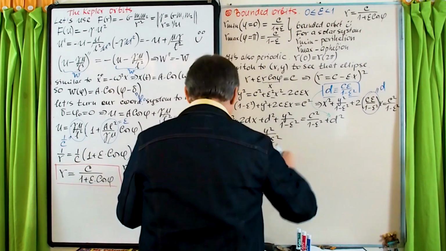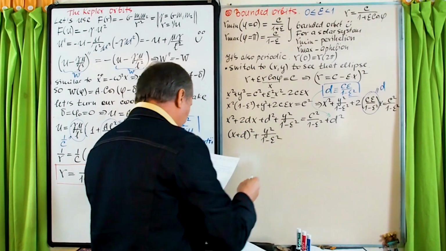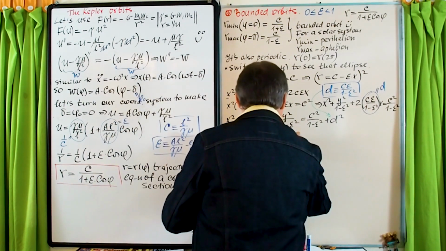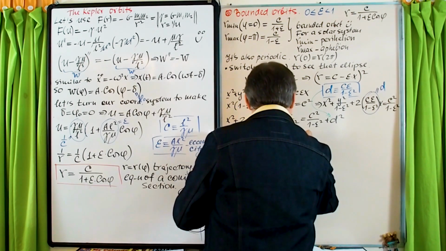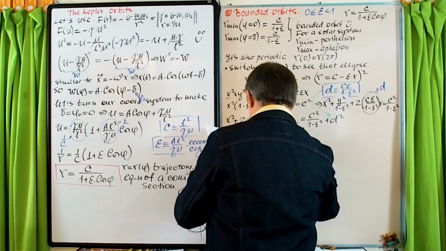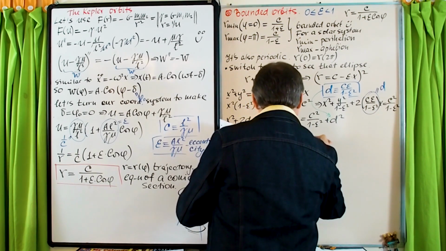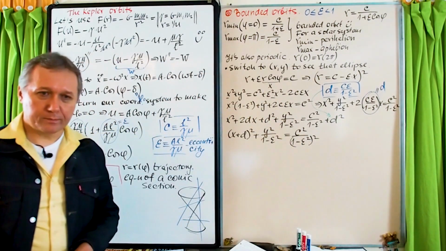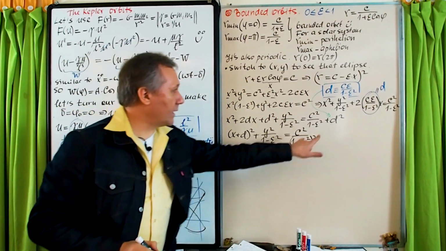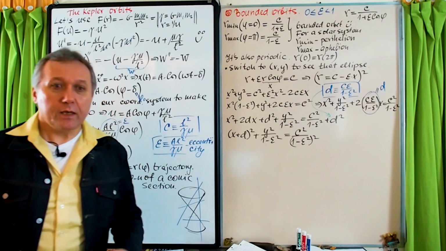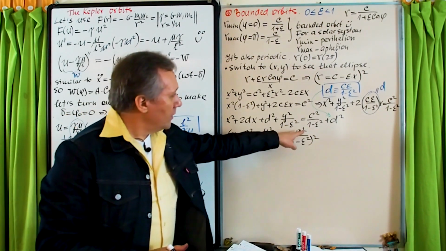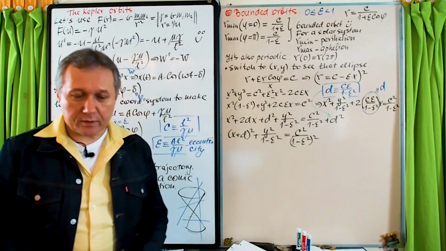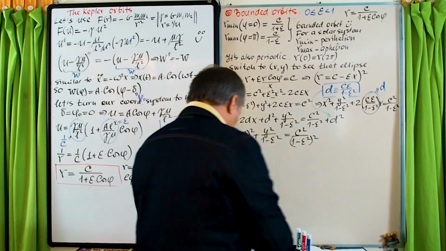So when you add these two terms, you will end up with c squared over 1 minus epsilon squared to the power of 2. And now it's time to introduce a new constant. This, without the squares, let's call it a.